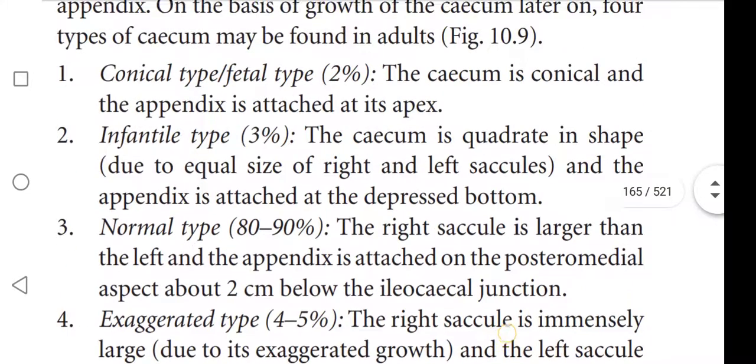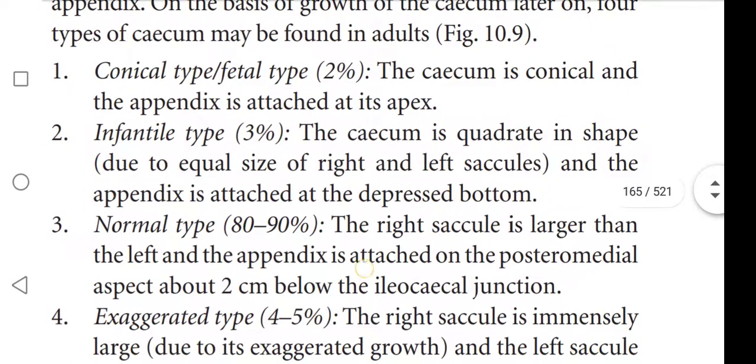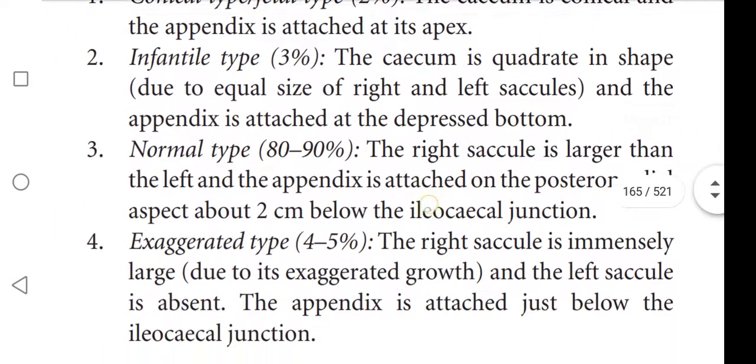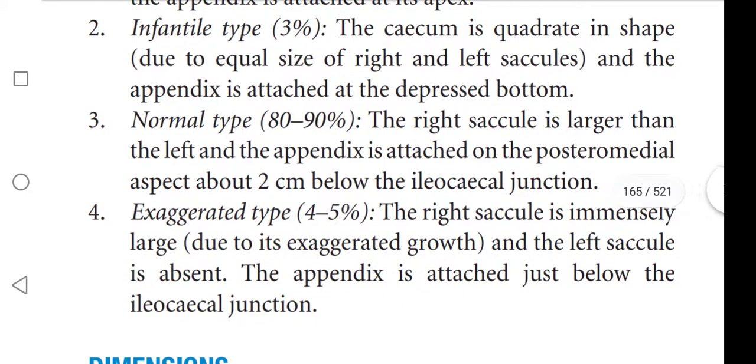The first one has equal sizes, this one the right is large, and here the left totally disappears, because the right saccule is immensely large. The right saccule is immensely large due to its exaggerated growth and the left saccule is absent.